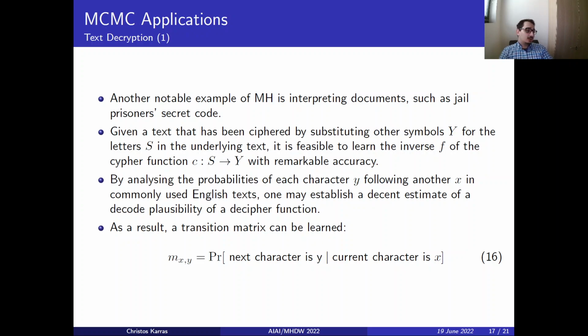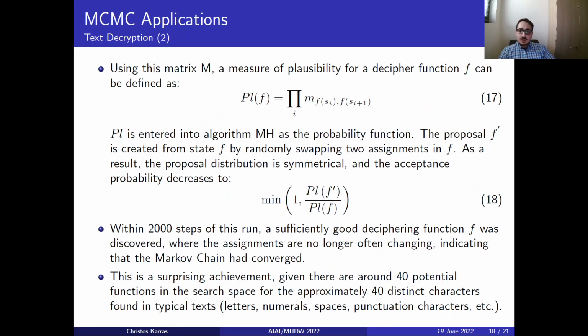plausibility of a decryption function. As a result, a transition matrix can be learned, which is given in equation 16, and utilizing this matrix M, a measure of plausibility for a decryption function F can be defined as in equation 17, where this function PL is entered into the Metropolis-Hastings algorithm as a probability function.